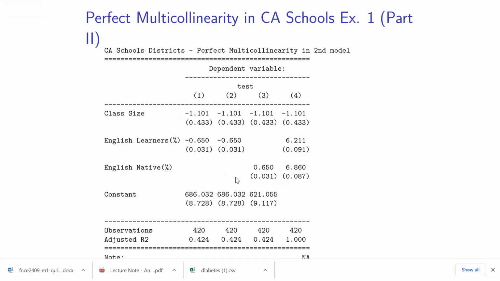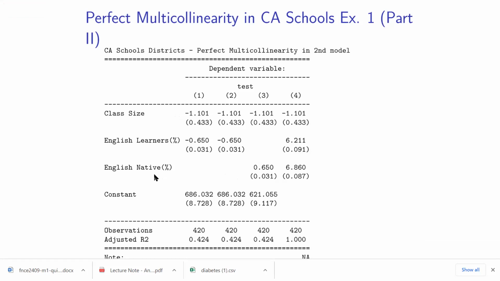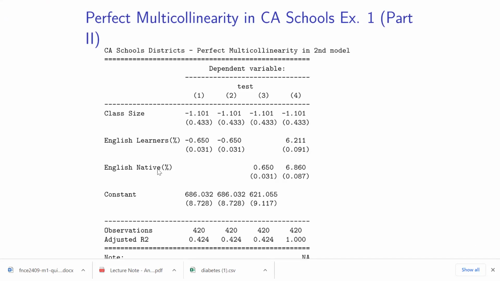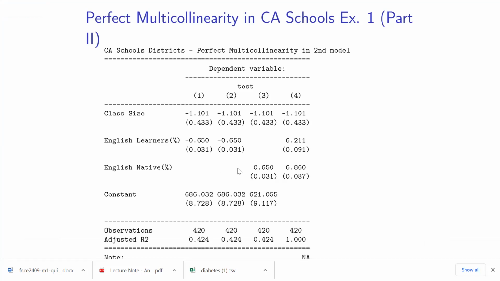Since English and native are perfectly related, if we know one, we know the other, and therefore including both regressors in model 2 make it theoretically impossible for R to estimate the coefficients for both regressors. As a result, R chose to drop one of the variables in order to estimate the coefficients for the rest.